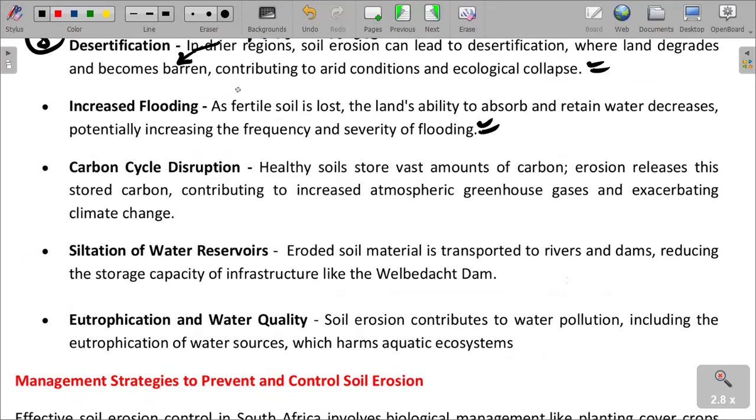Healthy soils store vast amounts of carbon. Erosion releases this stored carbon, contributing to increased polluting gases in the atmosphere and worsening what? Climate change. It worsens climate change.